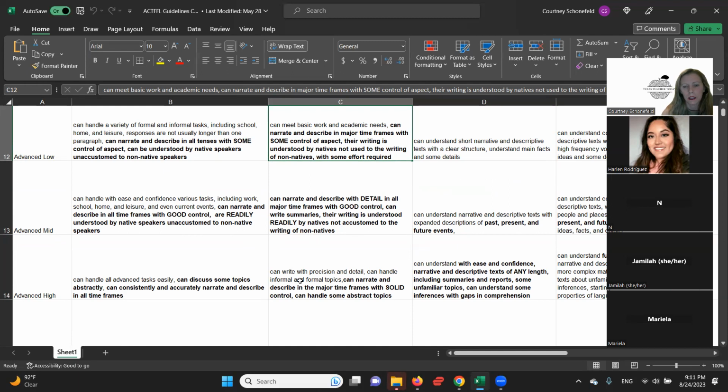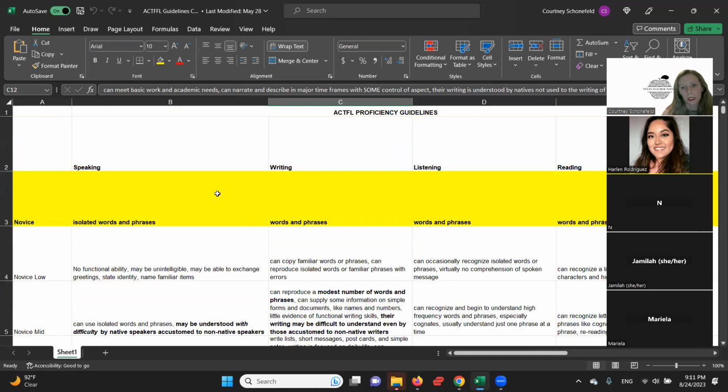And then in advanced high, they can write with precision and detail, can handle informal and formal topics, can narrate and describe in the major timeframes with solid control, and can handle some abstract topics, because that's the abstract, again, is superior level. So it goes to solid control, just like here, they can do it consistently and accurately. So we're over halfway done, even though this looks like half, because these are actually longer than these.